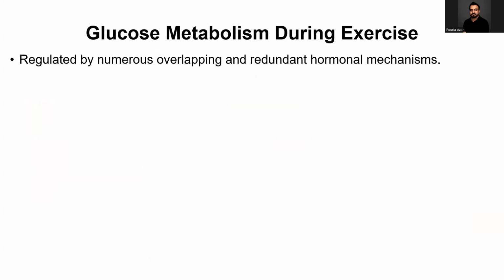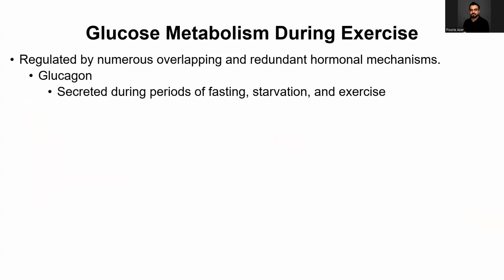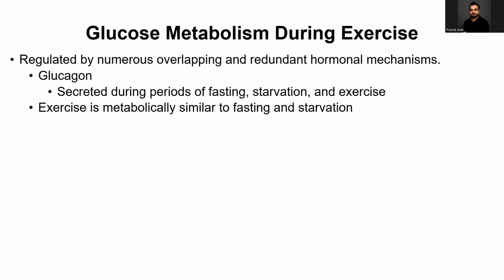Regarding glucose metabolism, as I said, there are many different hormones that can regulate the metabolism of glucose during exercise. Glucagon is secreted during periods of fasting, starvation, and exercise.